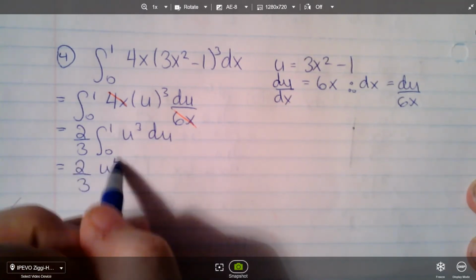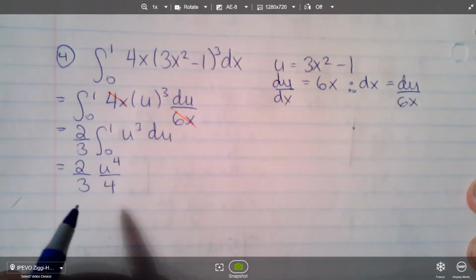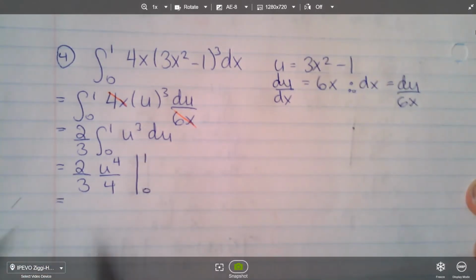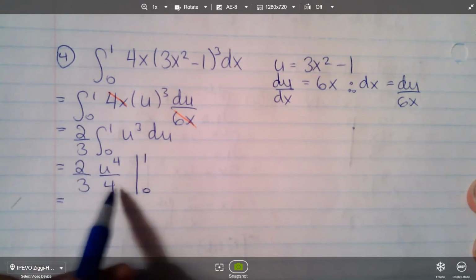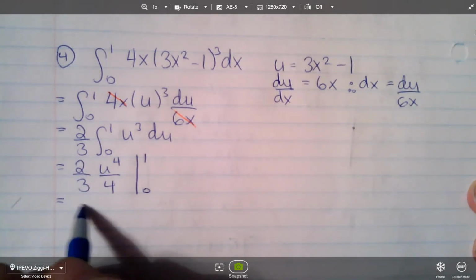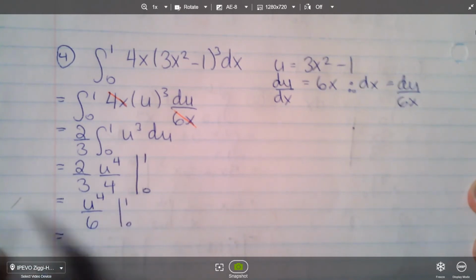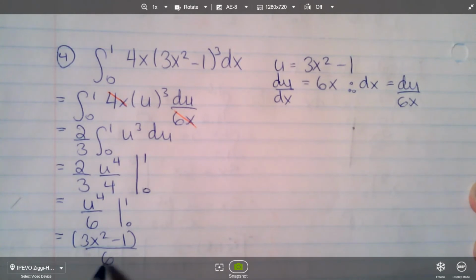So we end up with u to the 4 over 4. And I'm going to simplify, so I get 1/6 times u to the 4, which is (3x squared minus 1) to the 4 over 6.